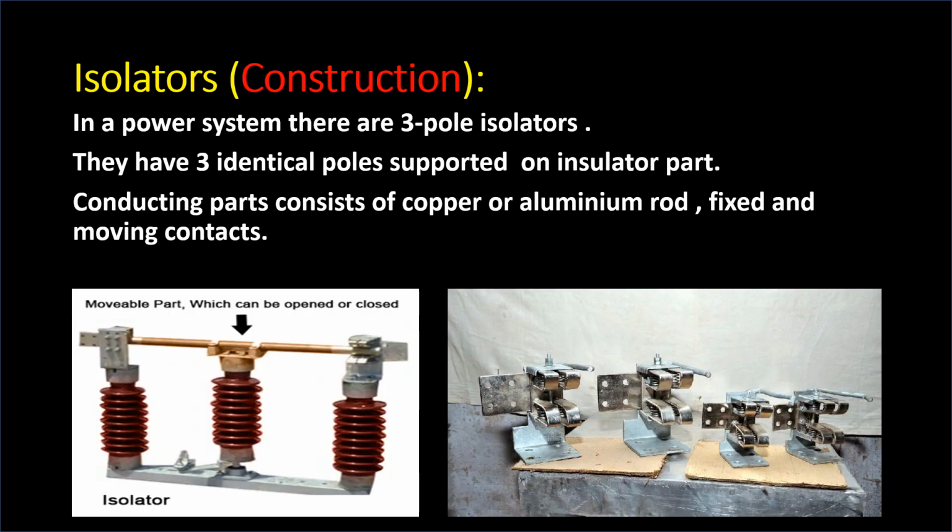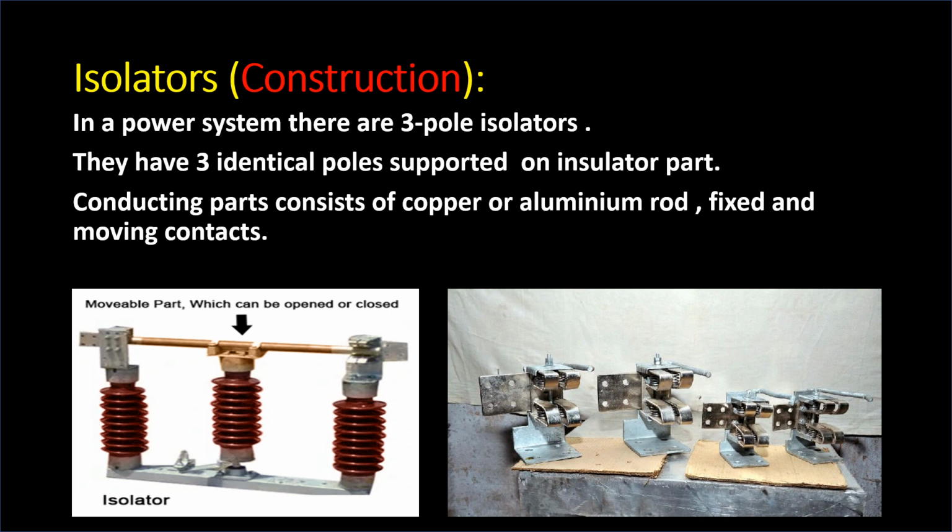Now let's go through the construction of an isolator. In a power system, there are 3 pole isolators. They have 3 identical poles, support or insulator parts. As shown here, you can see 3 different insulator poles, and on them we have conducting bars.